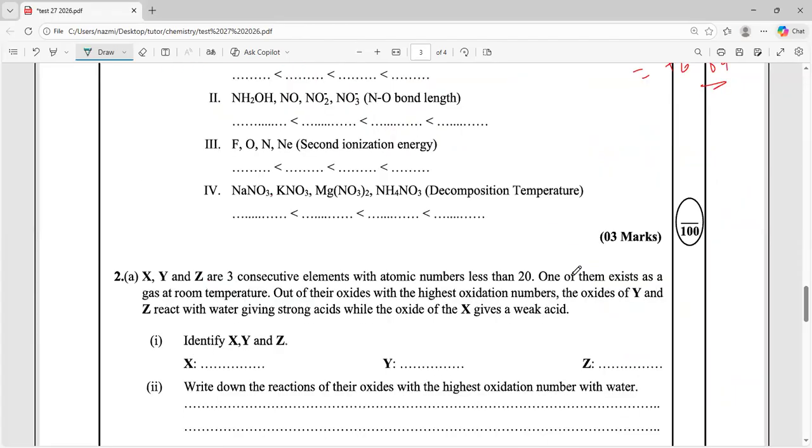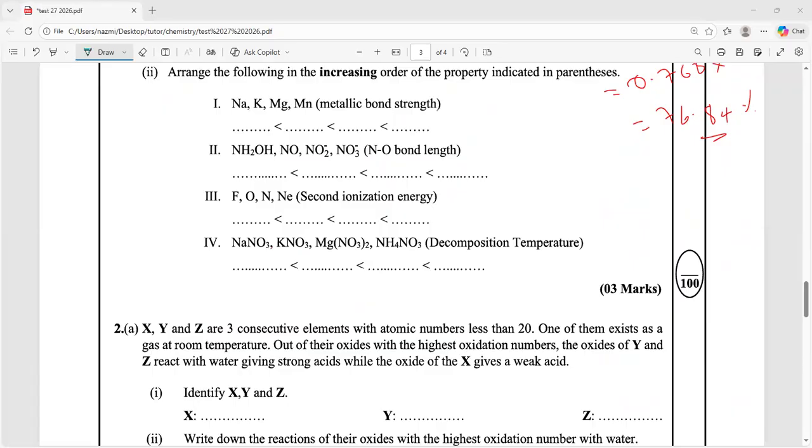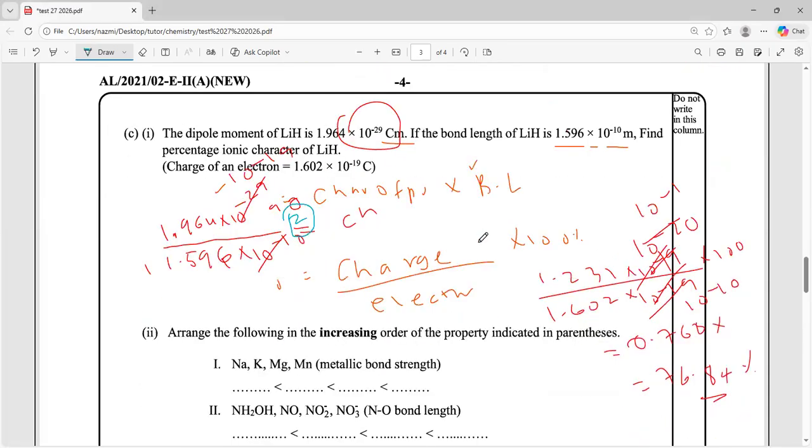The remaining are 30 marks in total, and for this part it has to be 10. For the ionic character part, the substitutions carry 6 marks and the final percentage 2 marks. So altogether 10 marks for part C Roman number 1.